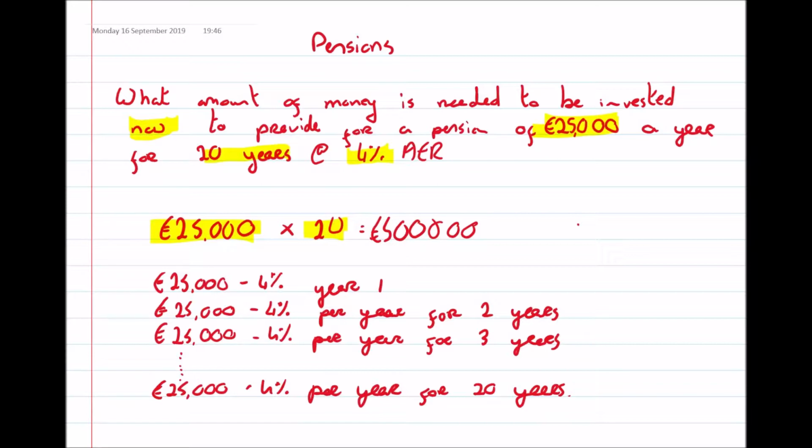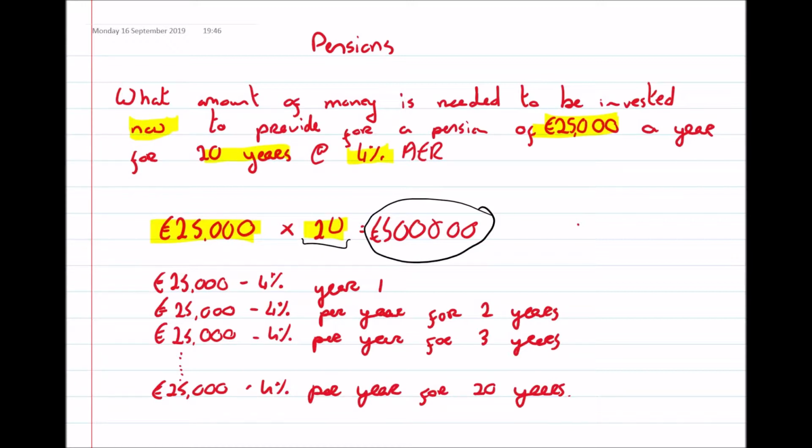If I invested a huge sum of money and started taking it back out of the bank every year bit by bit, the money still left in the bank would be getting interest all the time. So in order for us to actually get €25,000 a year for 20 years, we don't have to invest this much, because the interest we make on whatever we invest will also be added to the money.